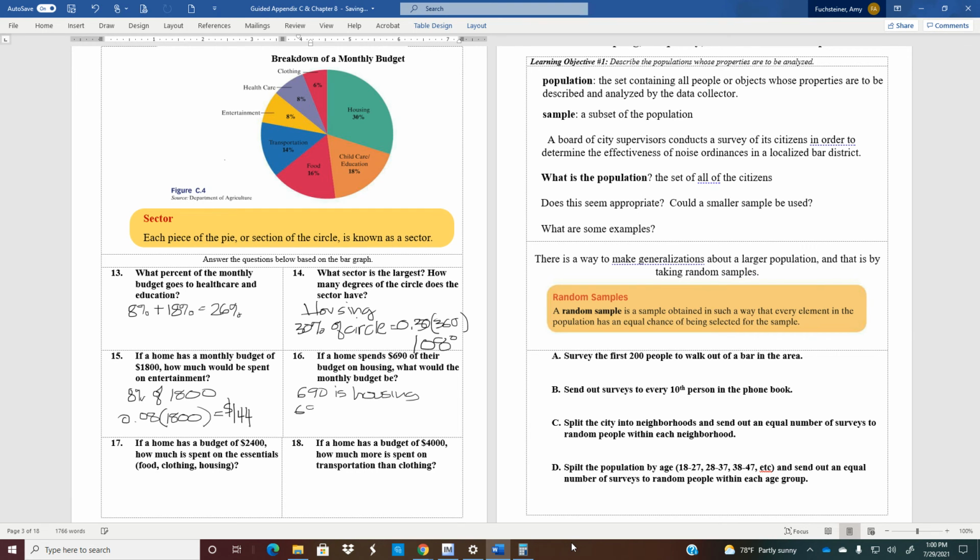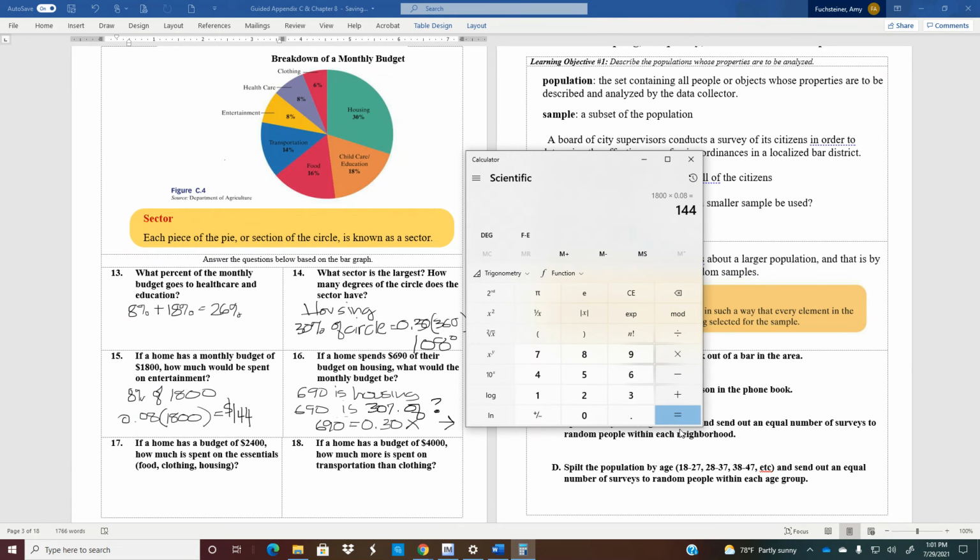So the $690 is 30% of the budget, but we don't know the budget. So 690 is 30% of something. So we get 690 equals 0.30 of some unknown. So now I've got to take that 690 and divide it by 0.3. I'm going to divide it by 0.30, and I get 2,300.